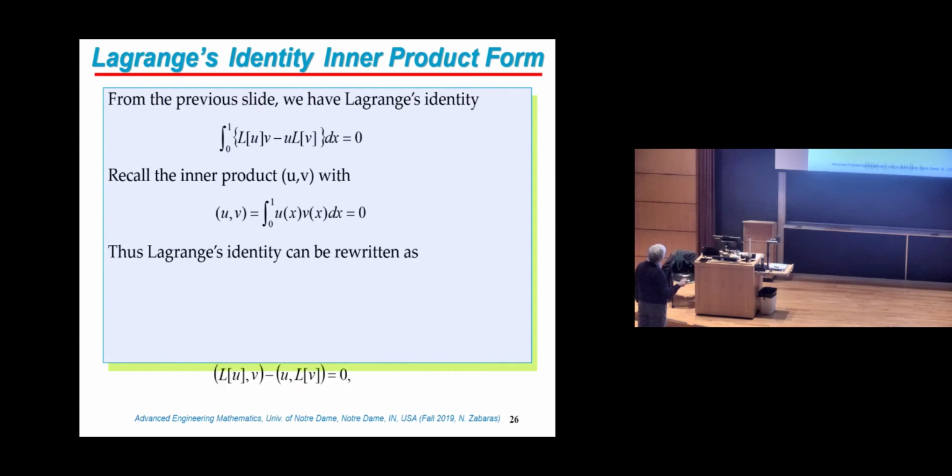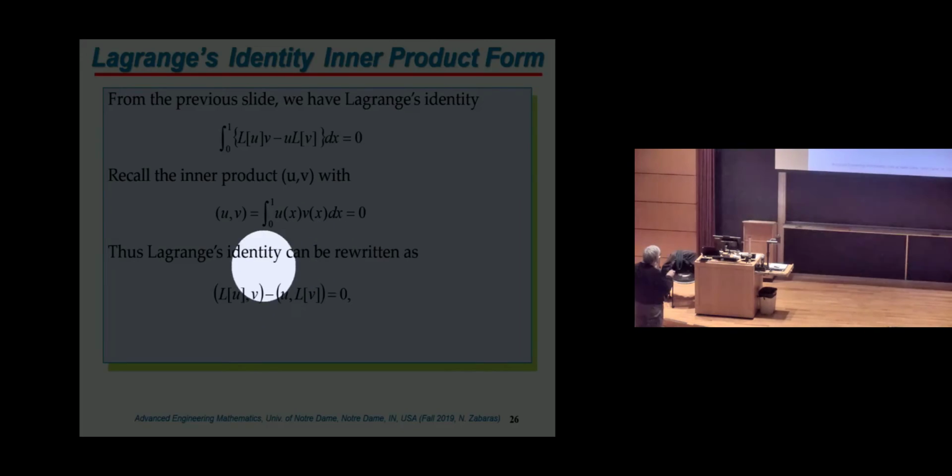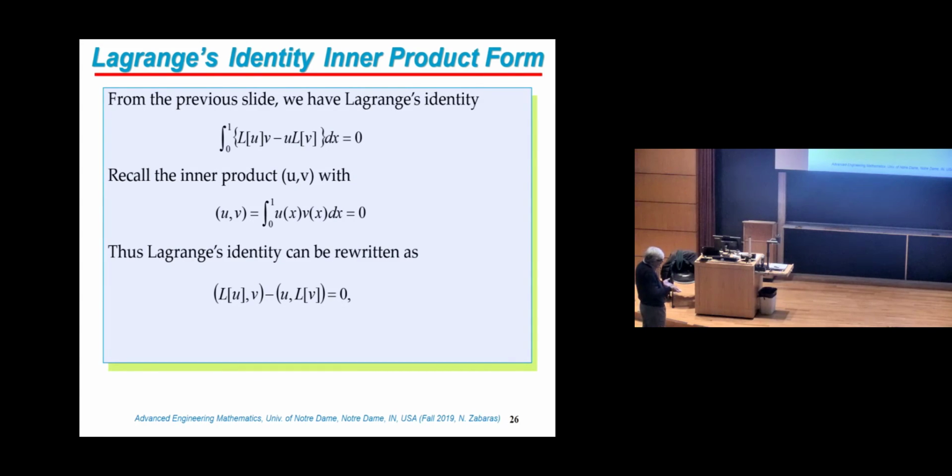And as someone said, I can write this in an inner product form if you like. If you define the inner product between functions like that, you can write this as the inner product of L of U with V equal to that of U with L of V, right? And by the way, think again of linear algebra. If you take the inner product of AU with V and of U with AV, when are they equal?